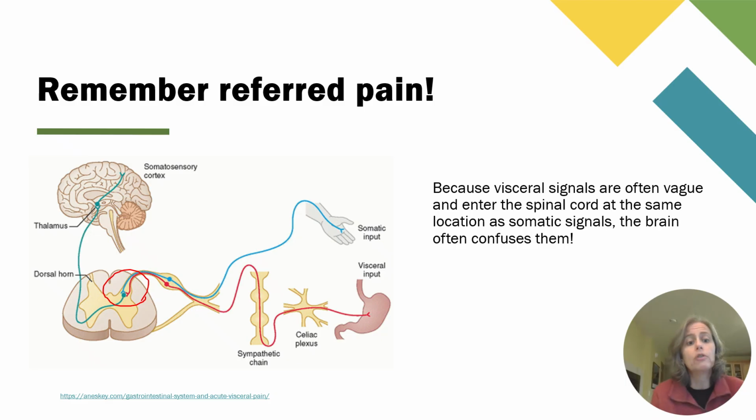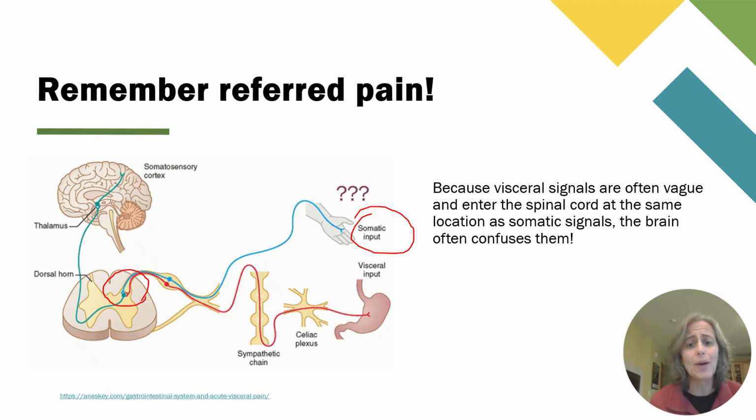So literally there's no way for the brain to tell where it's coming from. And most of the time the sensory information that we get is from our somatic system, so a lot of the time the brain just assumes it's there. I like this diagram because I think it does a really nice job of showing you how easy it is to get those signals confused. But I also just want to point out that the area of referred pain for the stomach is not the hand, okay? It's actually the front of your abdominal wall, or the middle of your back.